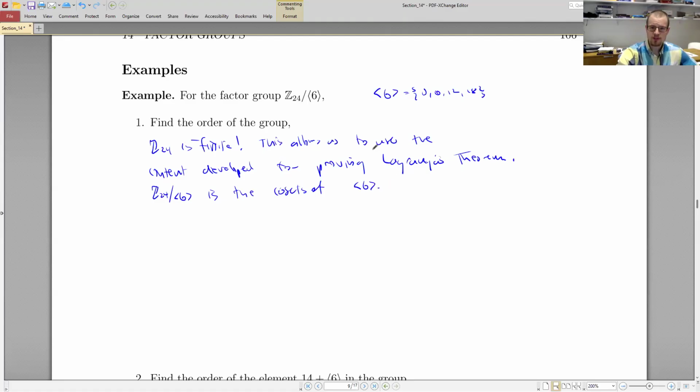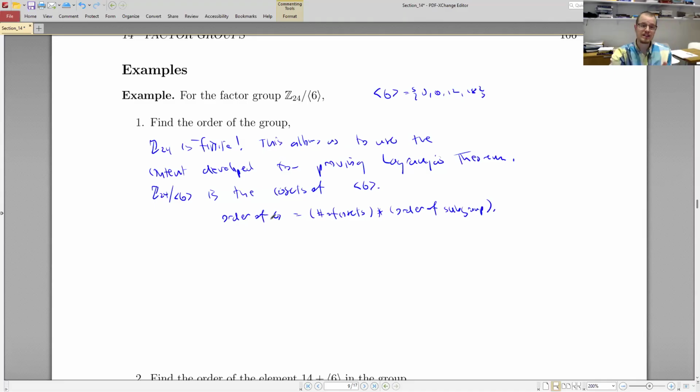And what we developed in order to prove Lagrange's theorem was that the order of the group G is equal to the number of cosets times the order of the subgroup.